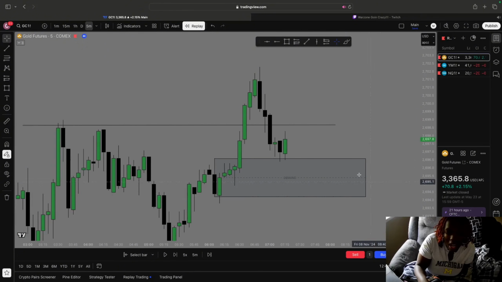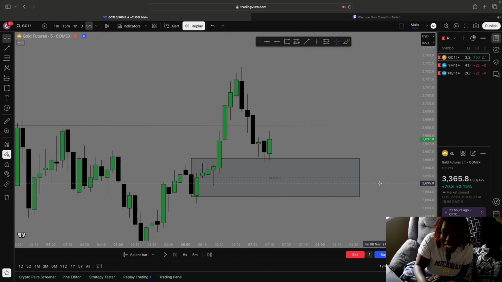Now, I wouldn't get in here because this is low key an indecisive candle. Okay, because the wicks are like equal wicks on the candles. But again, that's a little bit more advanced if you're looking into the candlesticks and how they work. So I would need another bullish candle before getting in.